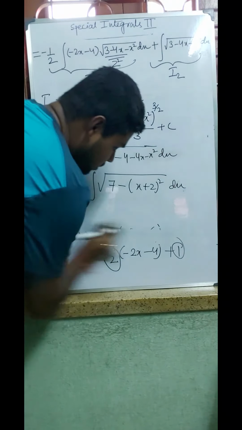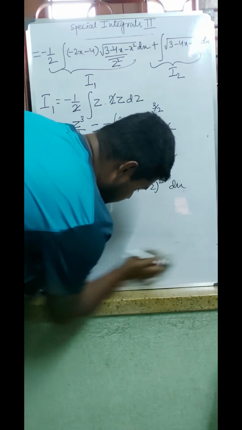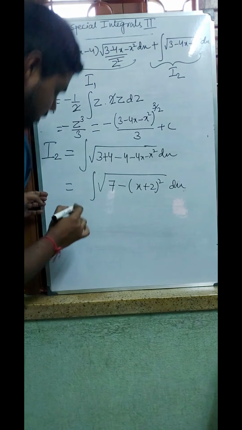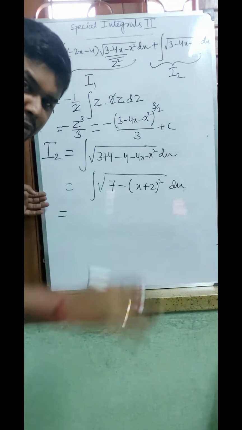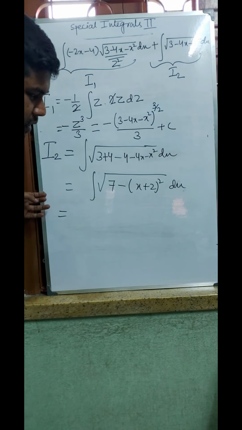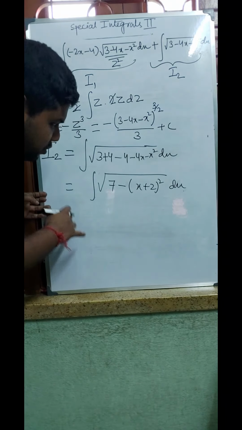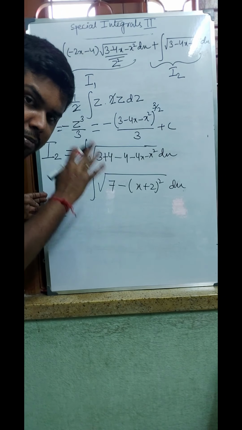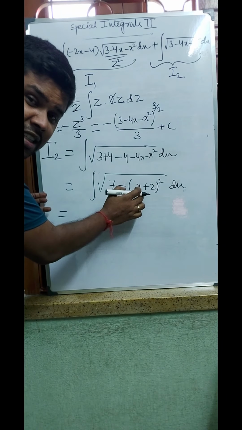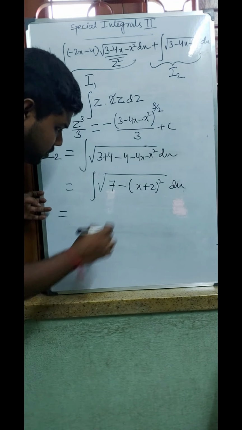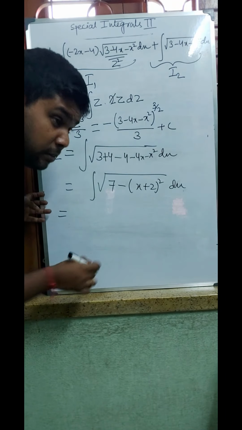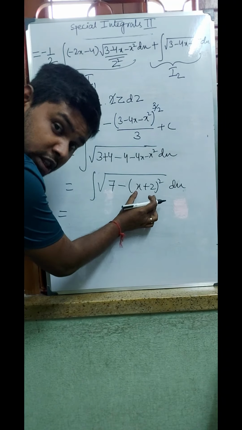So therefore this will become, now taking this as z or something, I am not doing it because I have to write 2-3 steps extra, so I am doing it directly. If you find any problem, please consider this as something and then take the substitution and do it. So therefore this will be x by 2, but remember, not x by 2, this will be this whole thing divided by 2.